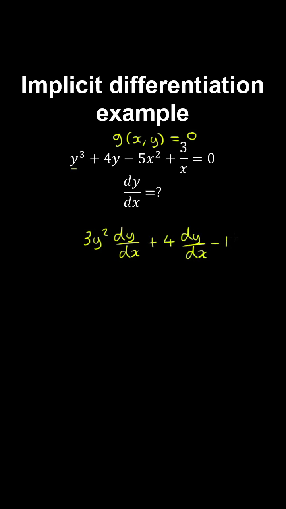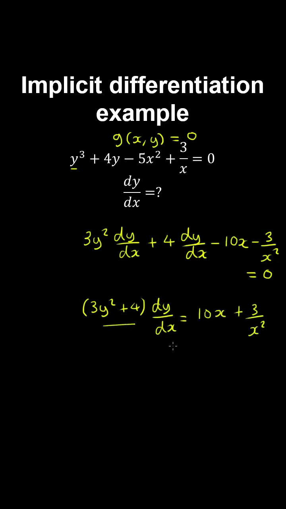And for the x terms, we differentiate with respect to x directly. So 3x to the minus 1 becomes minus 3x to the minus 2, or minus 3 on x squared. And that's all equal to 0. And now we can factor out dy/dx and put the remaining terms on the other side of the equation. And then dividing through by this term gives us the final result.